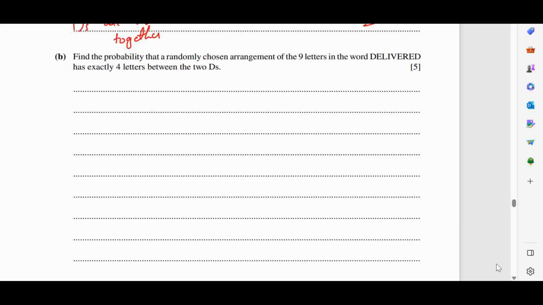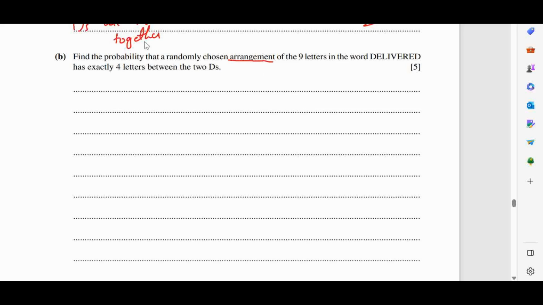Let's move on to the next part, part B. Now in this part, find the probability that a randomly chosen arrangement of the 9 letters in the word has exactly 4 letters between the D's. Here again the keyword is arrangement, so it means we have to use factorial or permutation.